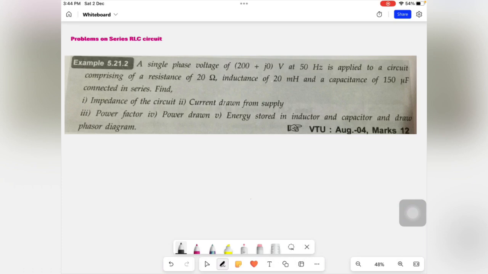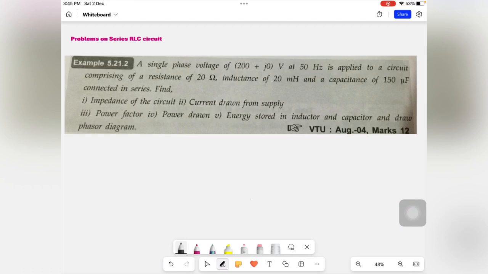Find the following parameters: the impedance of the circuit, current drawn from the supply, power factor, power drawn, also the drop across the various elements, and also the energy stored in the inductor and capacitor, and also draw the phasor diagram. Okay, this is the problem.